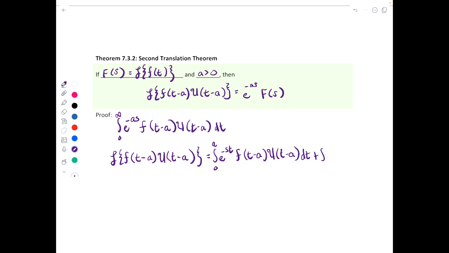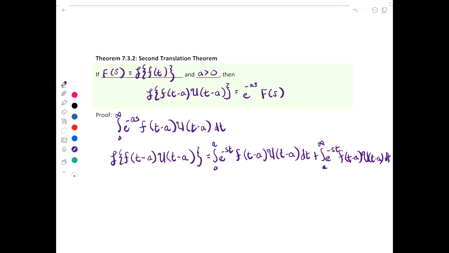plus the integral from a to infinity of e to the negative st f at t minus a, and that unit step function at t minus a dt.